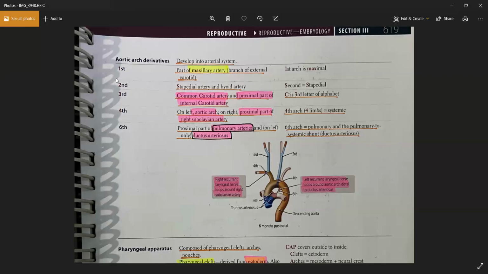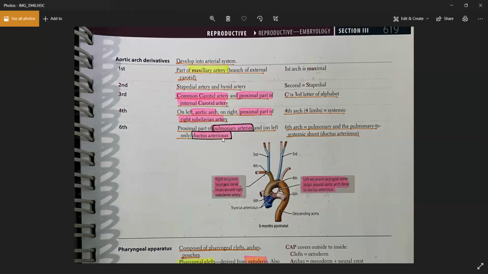Going downwards, the fourth arch forms the aortic arch as well as the proximal part of the right subclavian artery. In the sixth arch, you have the pulmonary arteries as well as the ductus arteriosus.